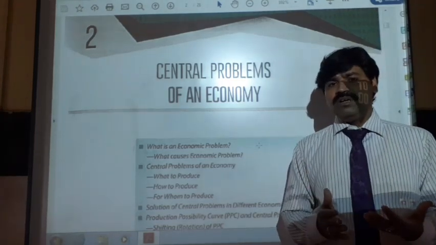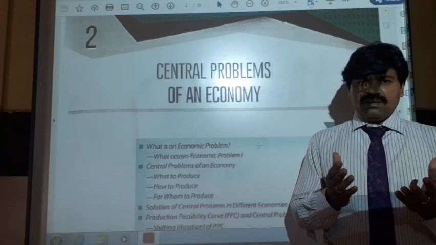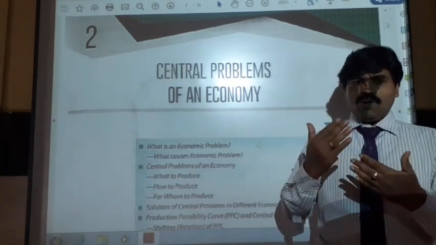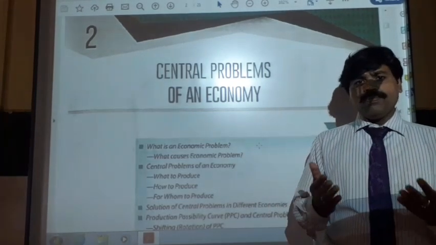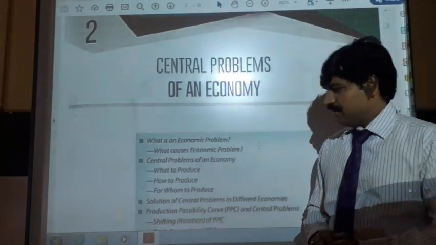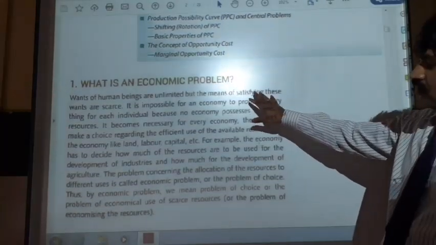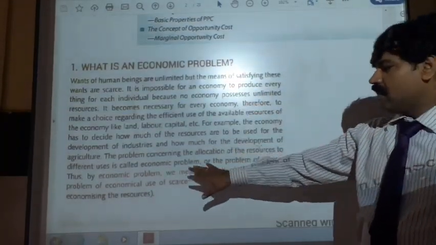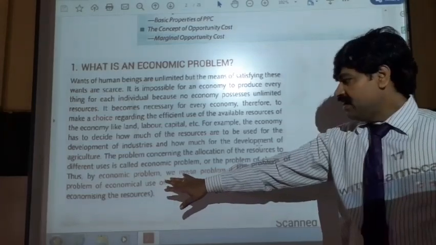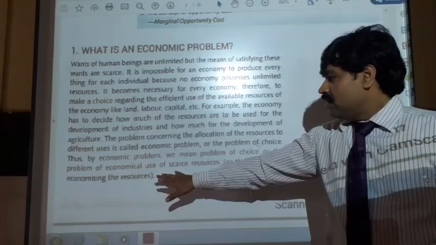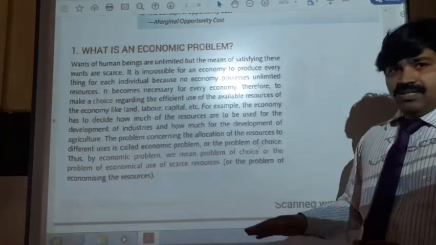That is, how can we rationally utilize the resources for the economic development. Here we have what is an economic problem. Now you have already understood that economic problem is the problem of choice or the problem of economical use of scarce resources.